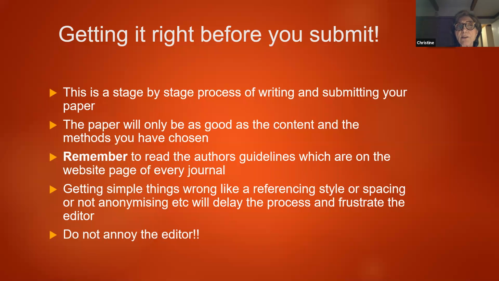So we don't even want to look at a paper, even send it out for review, if the author hasn't followed the guidelines, like first person language and that kind of thing. Also, spacing, not anonymizing, etc., will delay the process and really can be frustrating for the editor. So you don't want to annoy the editor. I know Richard's brought this up several times. It's so important.